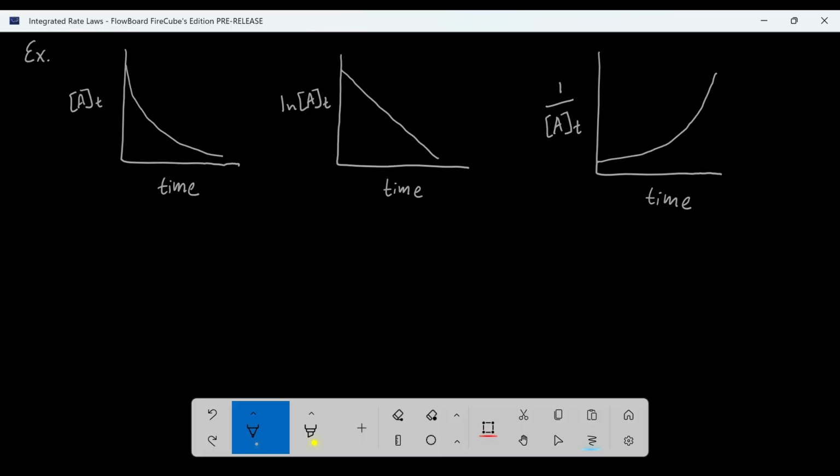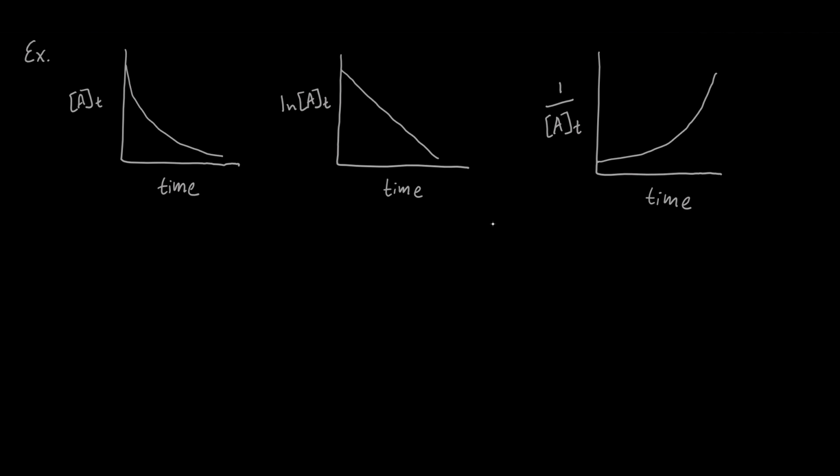So let's say that we were given these three graphs for the reaction of A decomposing into B and C. And let's say we were asked to determine the reaction order. So what we want to look at when we're given graphs is the axes.